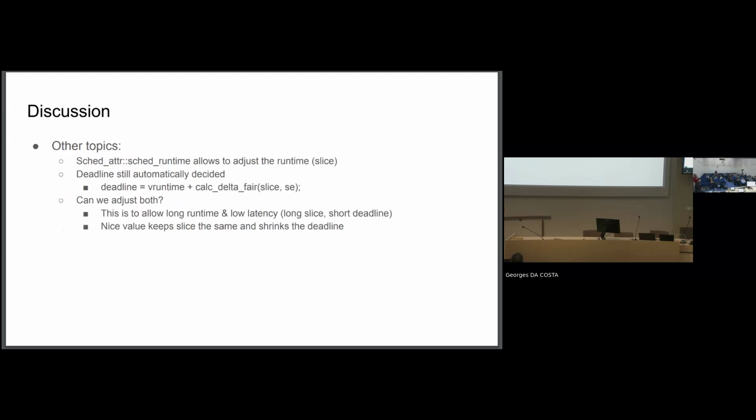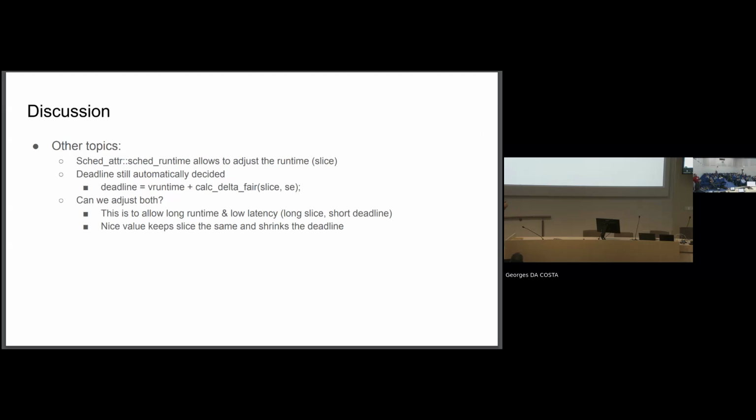All right, other topics. This will be pretty quick. We talked about it during the presentation already. So a lot of our threads require low deadline, but do have a long runtime. So the current patch will only adjust either deadline through nice value, but the runtime stays the same, or it will adjust the runtime and then the deadline is calculated automatically.